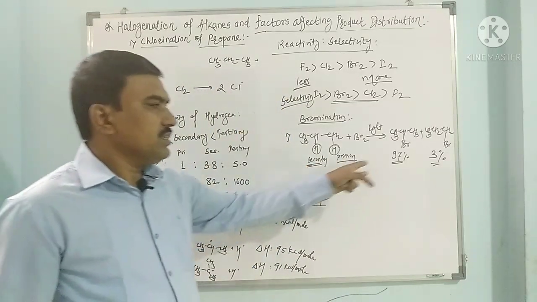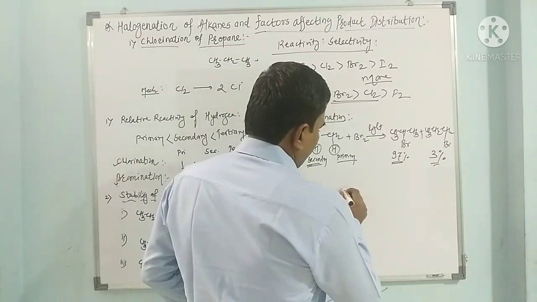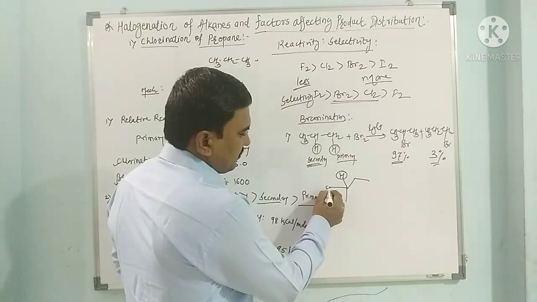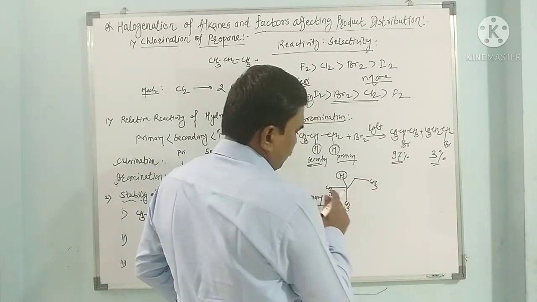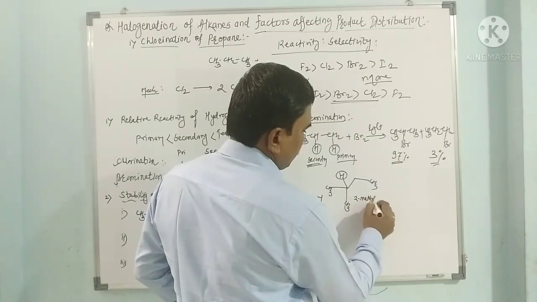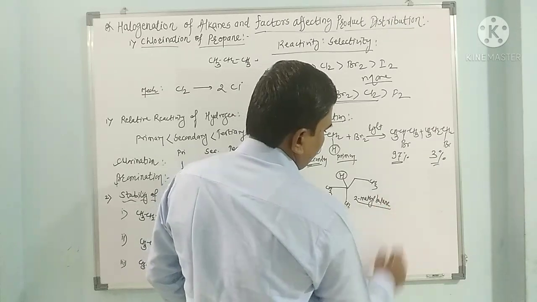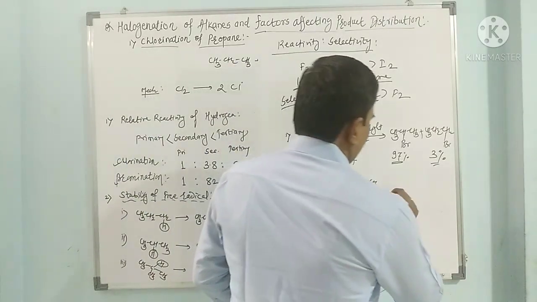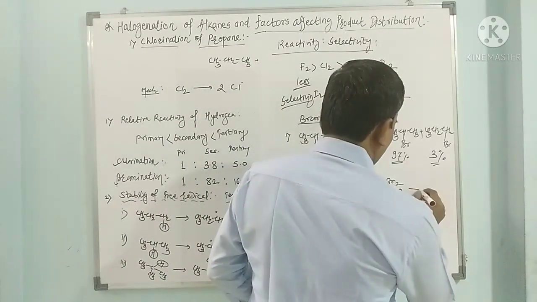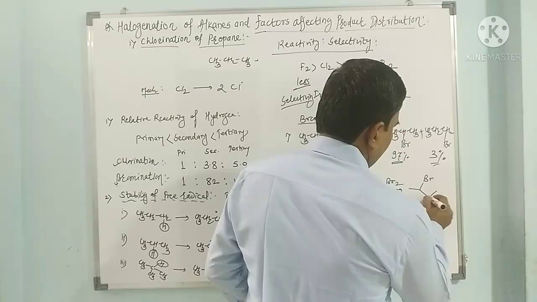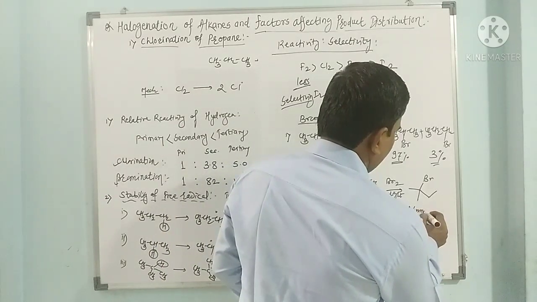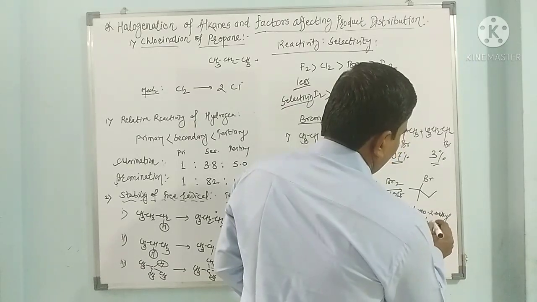For the secondary it is very high, but if you see the tertiary proton, for example, 2-methylbutane, when this undergoes bromination in presence of light, we get only one product, 2-bromo-2-methylbutane.